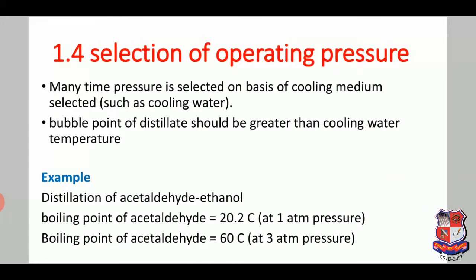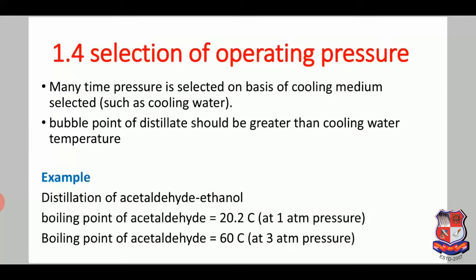Next comes the selection of operating pressure. Selection of operating pressure is very important because it does not depend on the feed mixture, but it depends on which type of cooling medium you are using. In most cases we use cooling water for condensation purposes. So in the condenser it is important to condense distillate vapors.